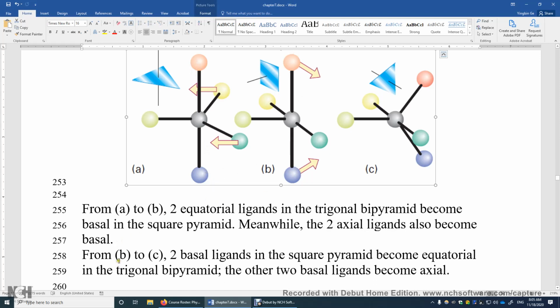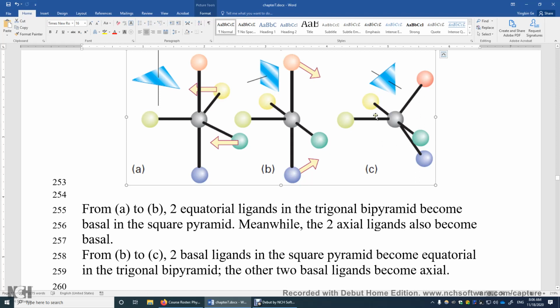Now look at the step from B to C. From B to C, the 2 basal ligands, orange and blue, become equatorial positions. The other two basal ligands in the square pyramidal structure now become axial ligands in the new trigonal bipyramidal structure.